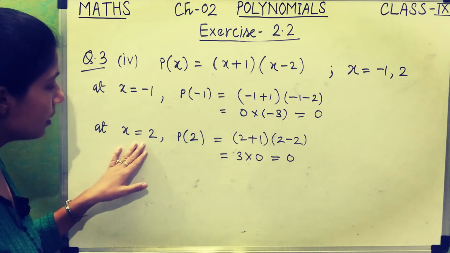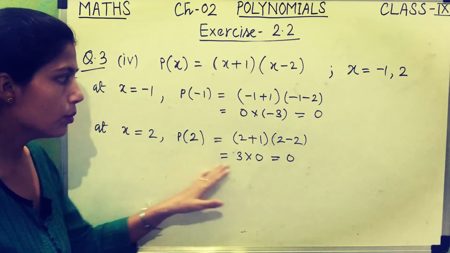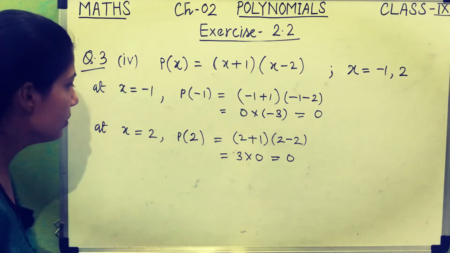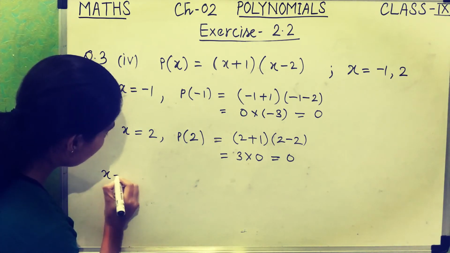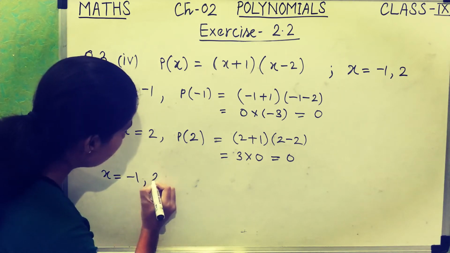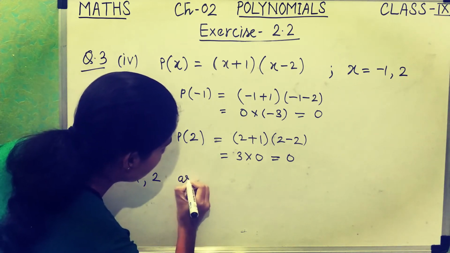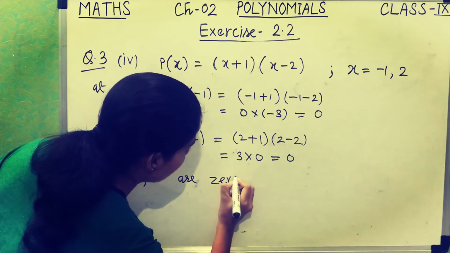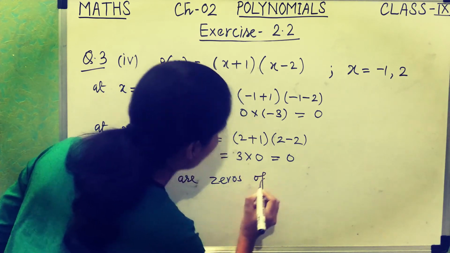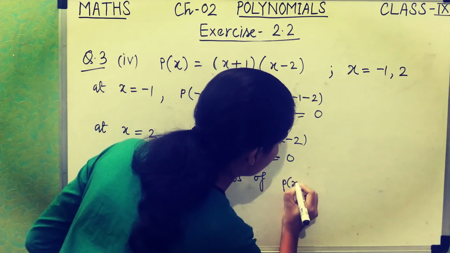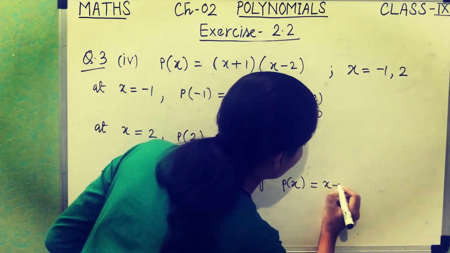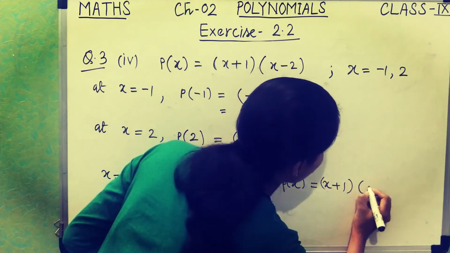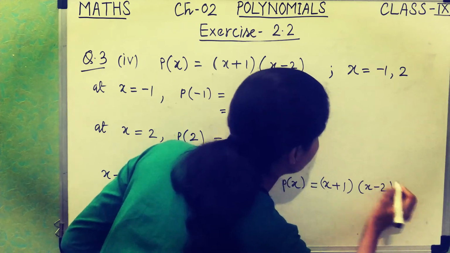So at this value also the polynomial has value 0. It means x equals minus 1 and 2 are zeros of the polynomial p(x), x plus 1 into x minus 2.